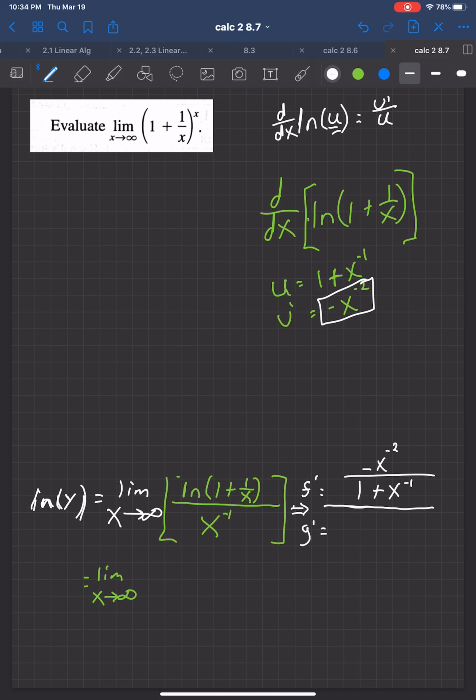All right, so that's my f prime. Now my g prime, if I'm taking the derivative of x to the negative 1, is just going to end up being negative x to the negative 2.